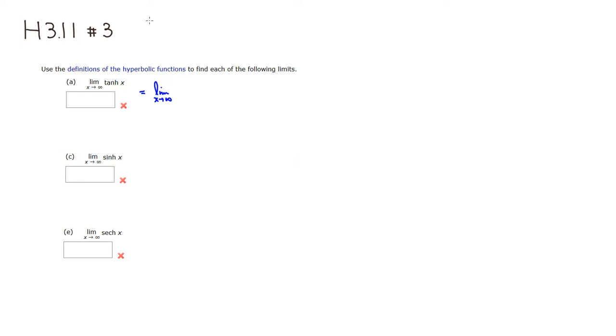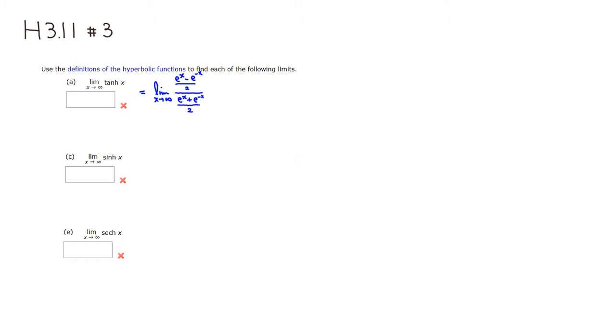Hyperbolic tangent is hyperbolic sine, which is e to the x minus e to the negative x over 2, over hyperbolic cosine, which is e to the x plus e to the negative x over 2.